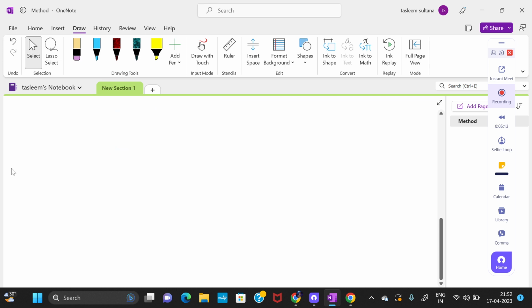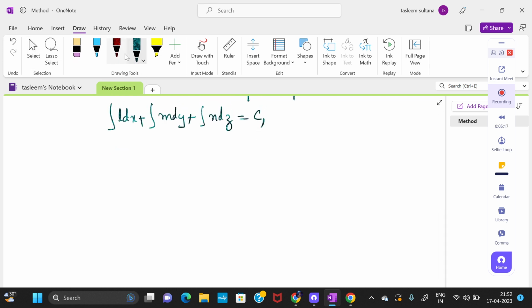Yes, write down the problem, Aditya. Solve (y minus z)p plus (x minus y)q equals z minus x.